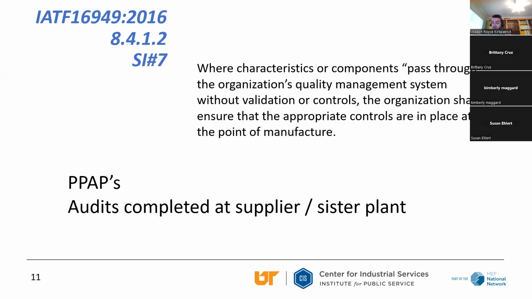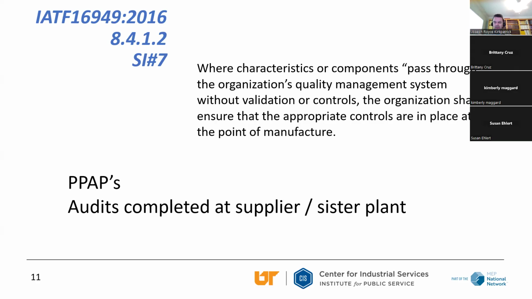There's a Sanction Interpretation that came out a long time ago, number 7, and it said where characteristics of components are passed through an organization, meaning we get a part maybe from our sister plant and we don't do anything to it, we just house it and then ship it out when the customer orders it, the organization shall be responsible to ensure that adequate controls are in place at the point of manufacture, be it your sister plant or a supplier.